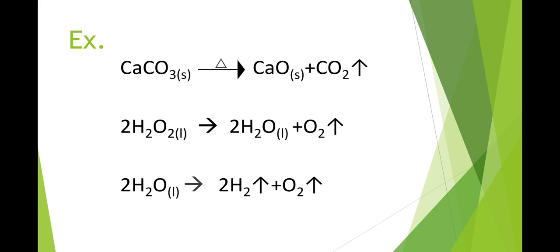Here we are using electric current as the factor to decompose water, and hence this decomposition is said to be electrolysis of water, that is, the process is electrolysis. One example each for all the three types of decomposition reactions.